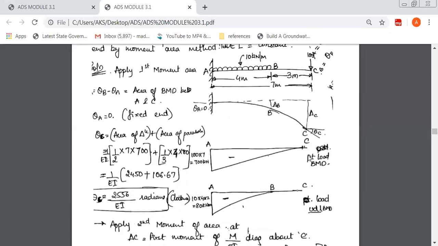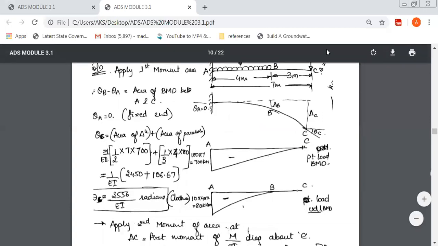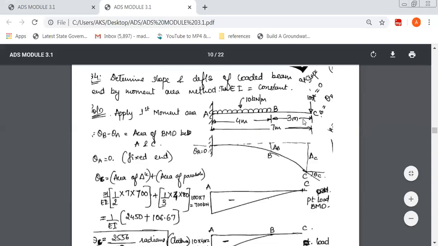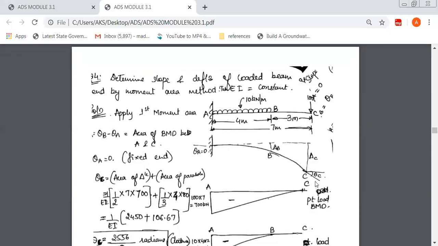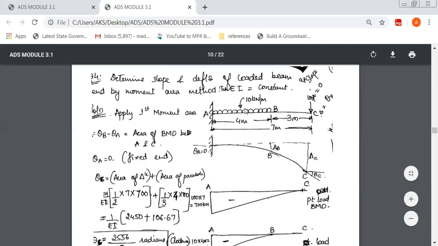Now the first thing is bending moment due to the point load, that is 100 kilonewton. So we have the bending moment due to the point load into its perpendicular distance. So don't consider the other load. When you're finding out only this, imagine there is only 100 kilonewton acting.